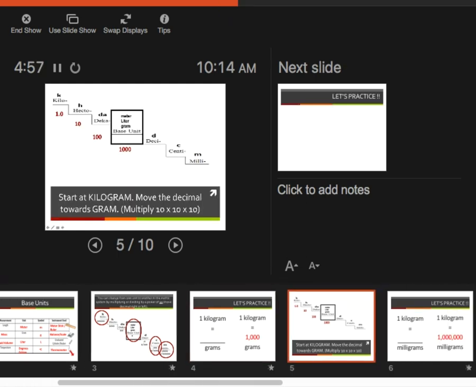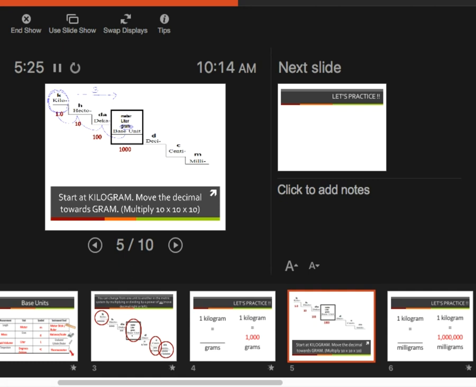So if we start with kilo, 1 kilogram, we're up here. We need to get to gram down here. So first we have to decide what direction we're going in. And from kilo to gram, we are moving to the right. And then we need to figure out how many steps we move to the right. 1, 2, 3. 3 steps to the right.